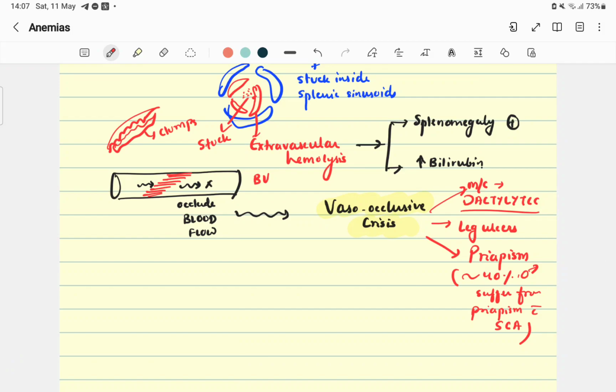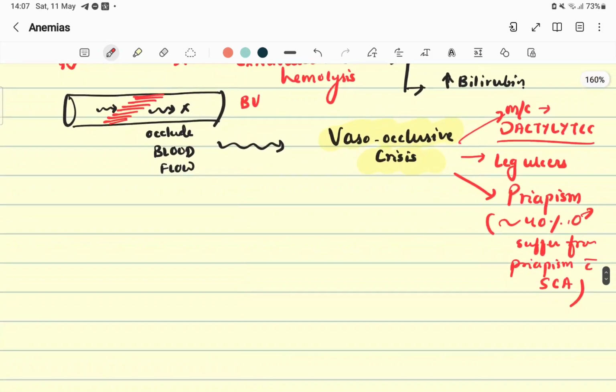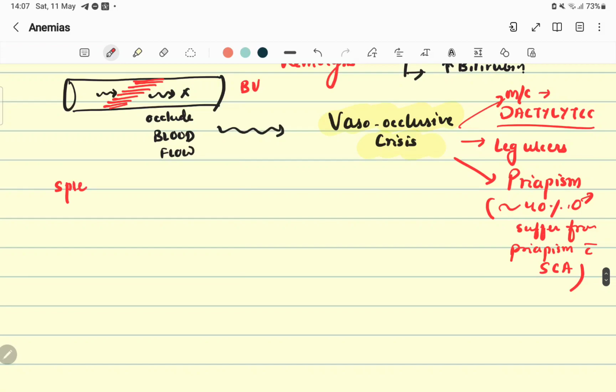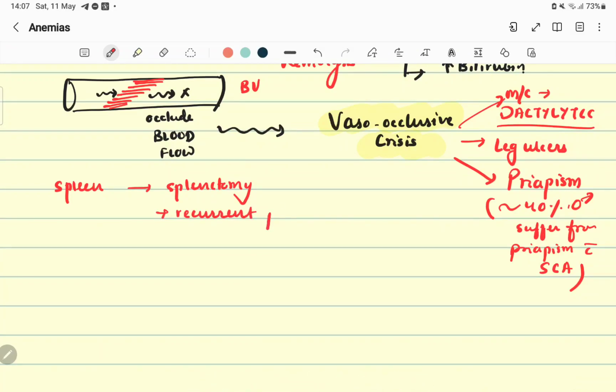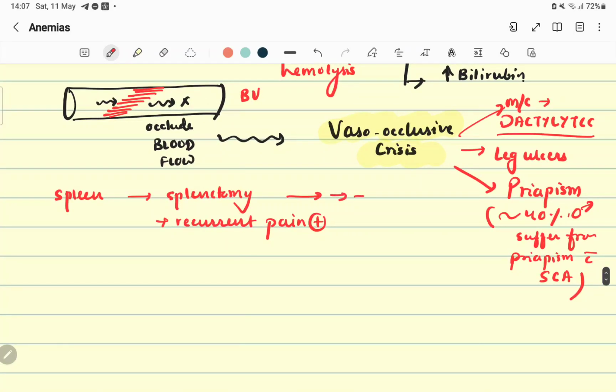And in the spleen, splenectomy will be there, and recurrent pain will be present. Over the years, due to this occlusion, it can cause autosplenectomy also.